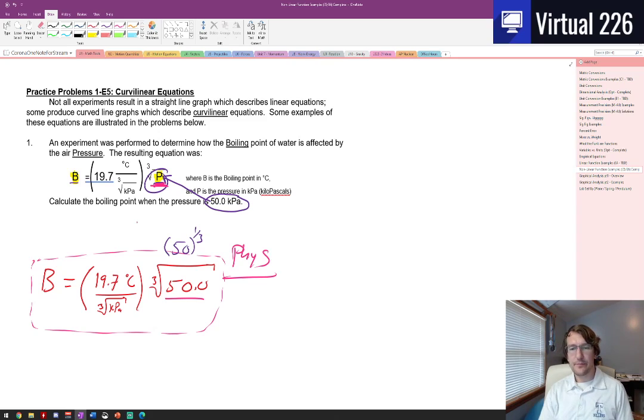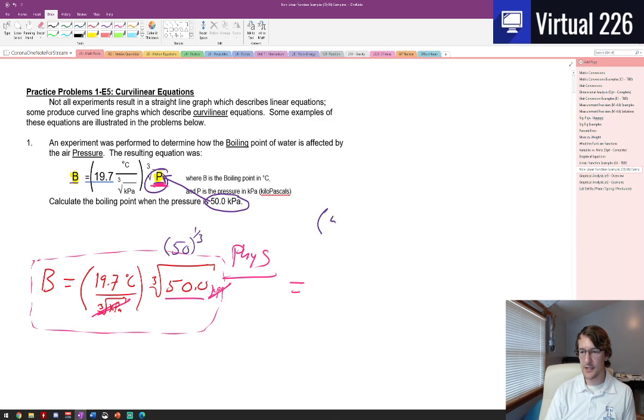So let's just do this. Don't forget there is a kPa here. The cube root of the kPa and the kPa down here are going to cancel out, which will give us just degrees C for the boiling point, which will be nice. So let's actually try to get a number here. The first thing we're going to have to do, with PEMDAS, is take the cube root of 50. If you know how to do that on your calculator, go ahead and do that. If you don't, then I prefer doing it like this.